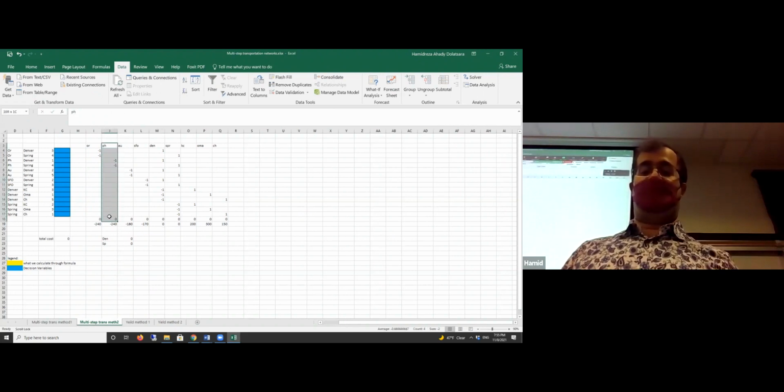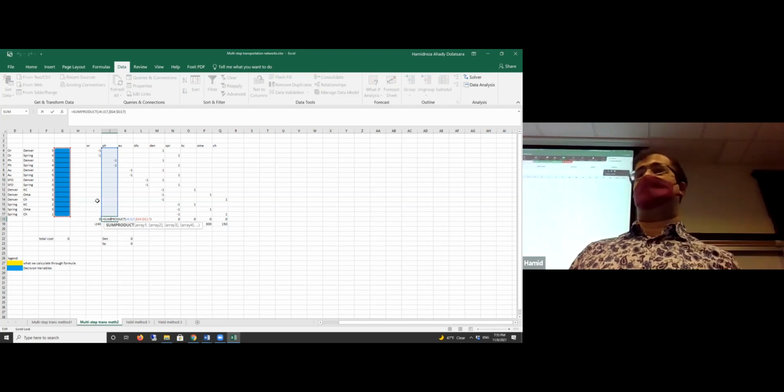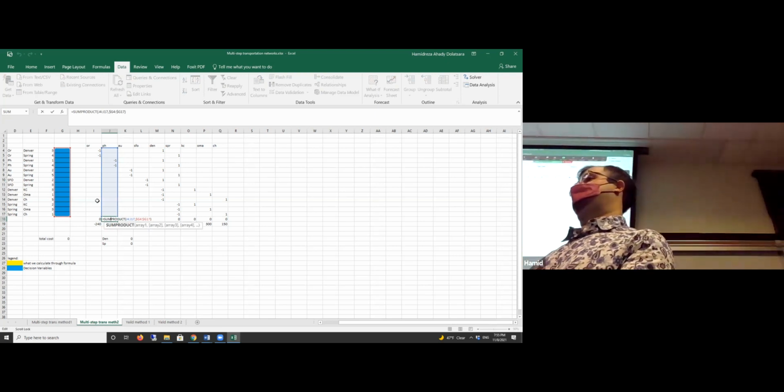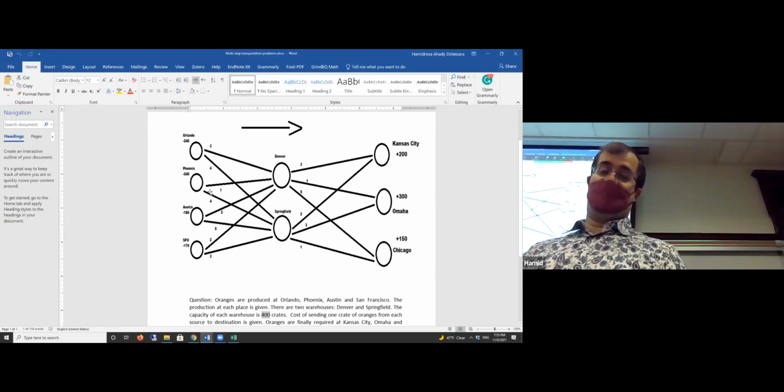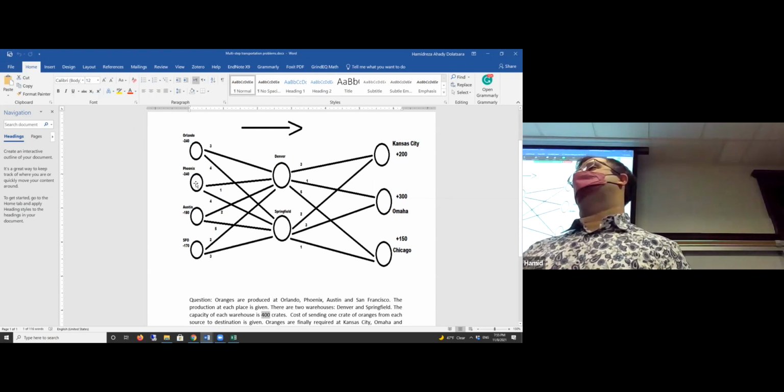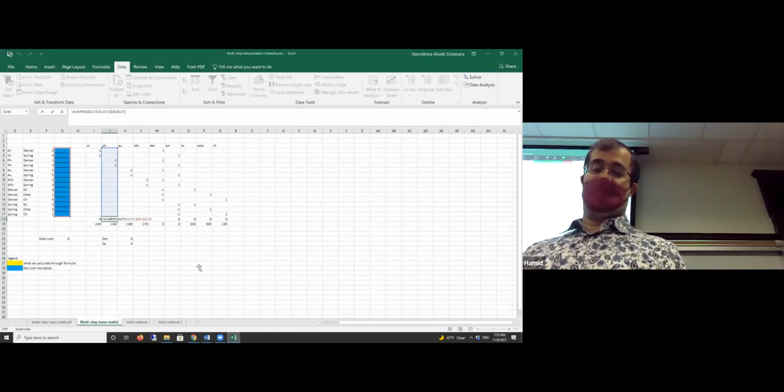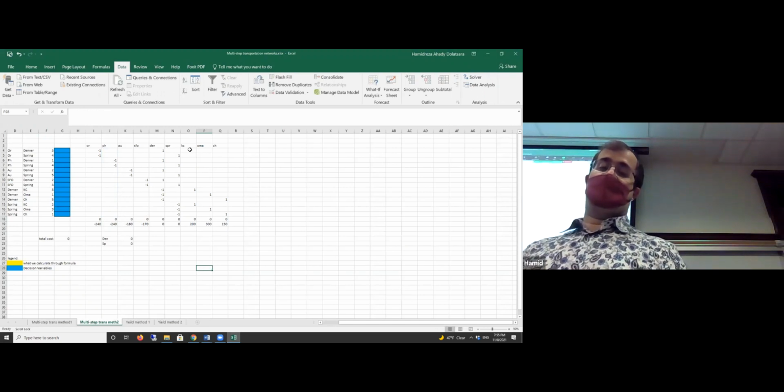Or for Philadelphia, sorry, it's Phoenix, if you click on this 0, it's the decision variable times the direction coefficient, and we check that it should be less than 240. You cannot send more. Same for Kansas City, Omaha, and Chicago.